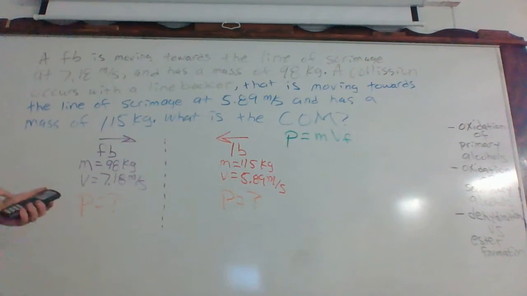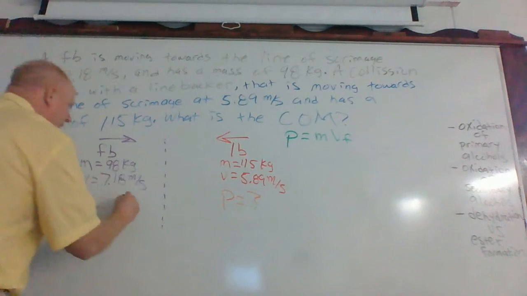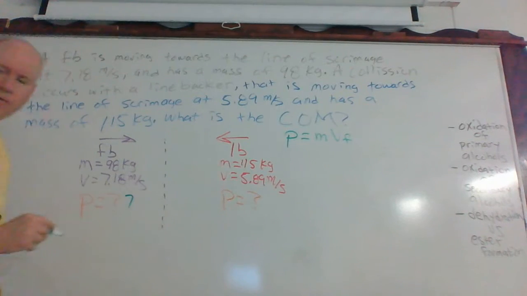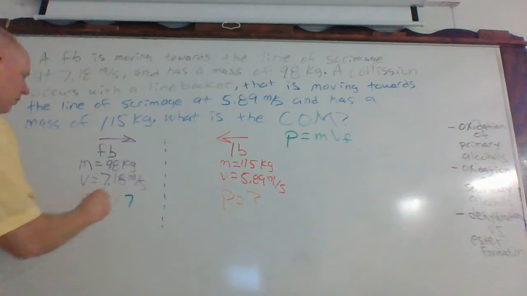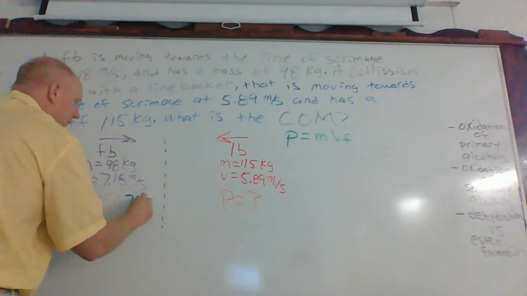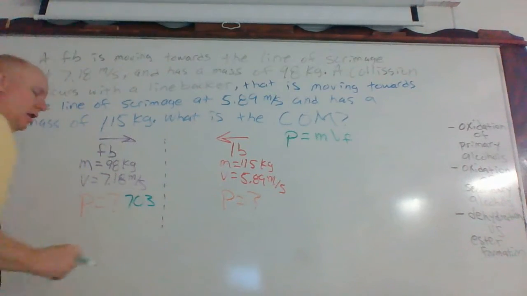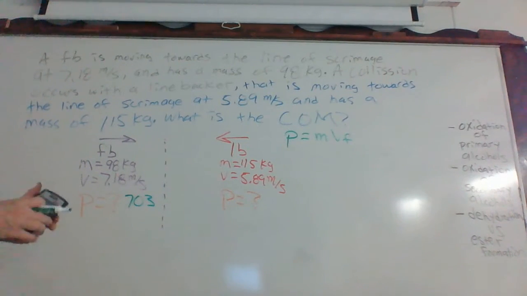For the fullback, we get 98 times 7.18. That gives us 703.64, but we'll keep it simple for practical purposes, and that's kilogram-meters per second.